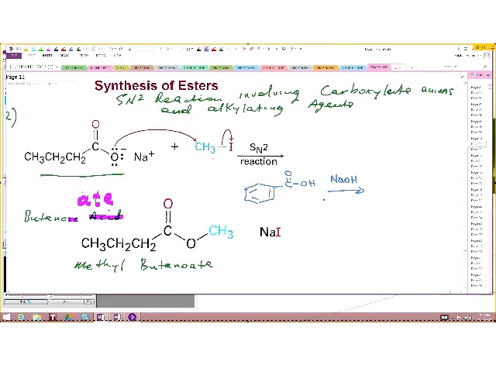I say step 1, and then step 2, I could add the alkylating agent.